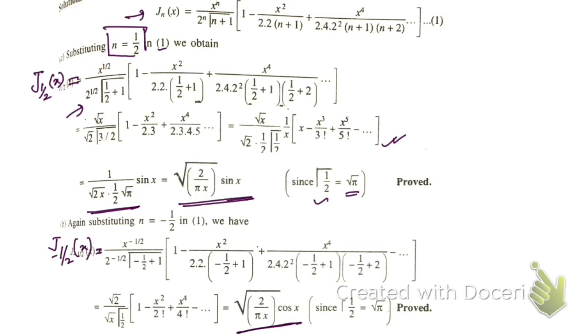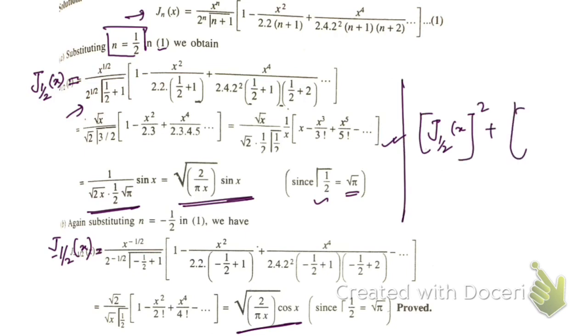Now you see, what do we need to prove? We need to show that J half of x whole square plus J minus half of x whole square equals 2 by pi x. So this is the left hand side.